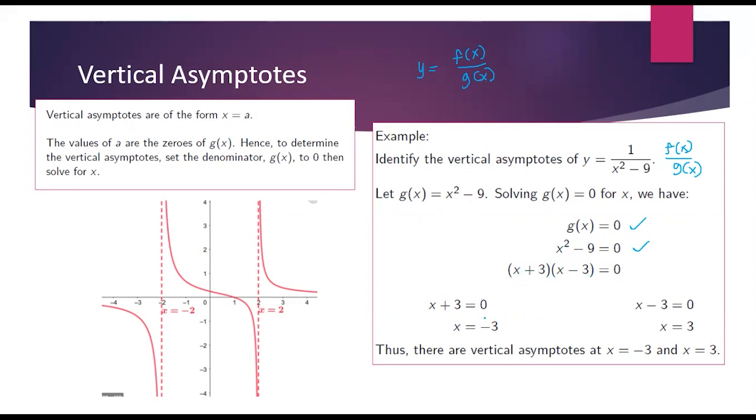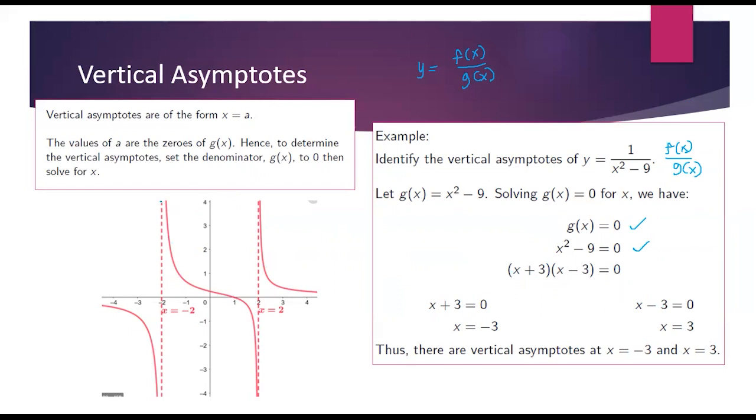Equating each factor to 0, that will give you x is equal to -3 and x is equal to 3. Thus our vertical asymptotes are at x is equal to -3 and x is equal to +3. But this one is not the graph of this particular example.